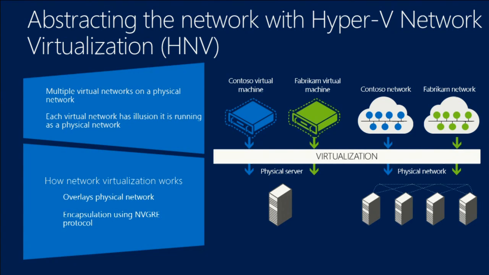I think some of you have heard about NVGRE. We use packet encapsulation to separate the physical network address space and the logical, virtual network address space. I will talk more about that in detail.